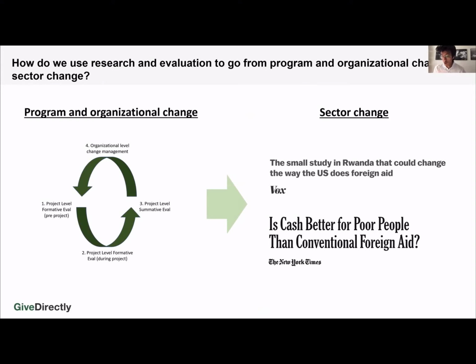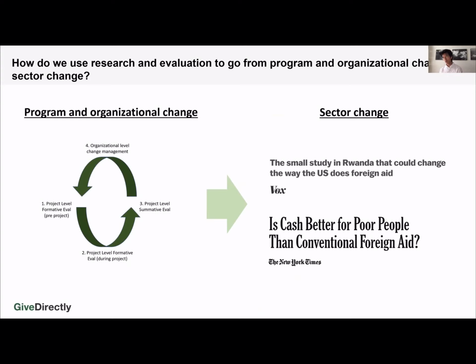Now, I'm going to circle back to the first question that I asked at the start, which is, okay, sure, great. We've done internal evaluations, we've changed our organization. How do you move from program organizational change to sector change? How does an entire industry move towards cash?